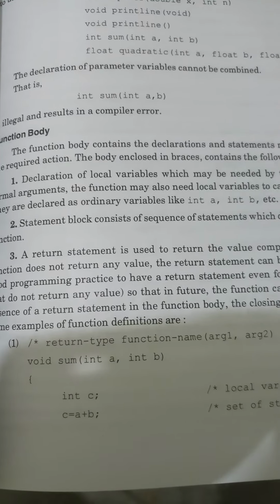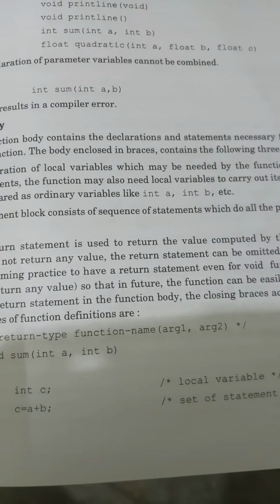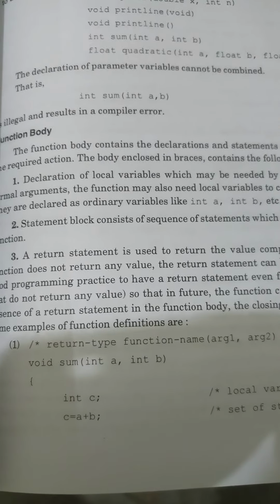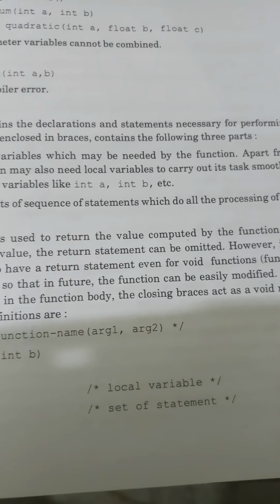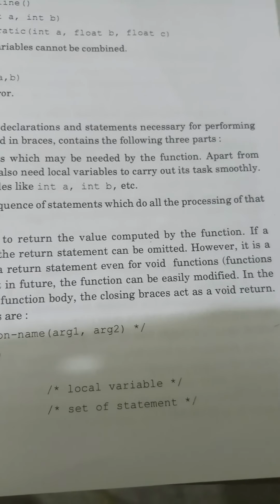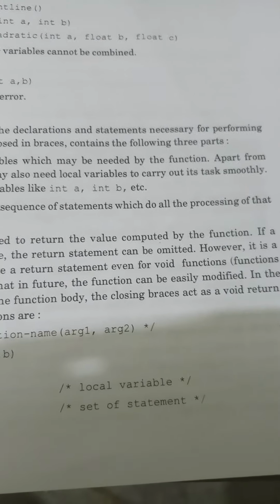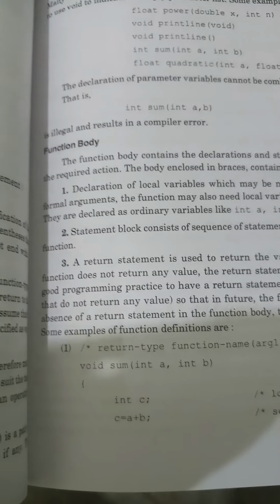They are declared as ordinary variables like int a, int b, etc. Second, a statement block consists of a sequence of statements which do all the processing of that function.